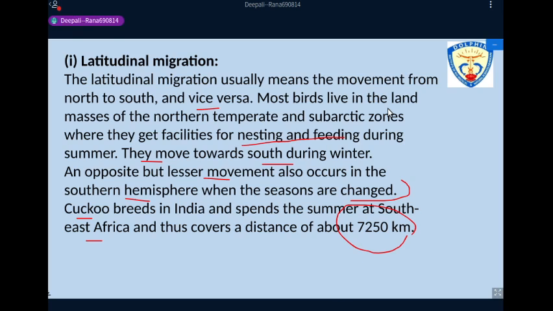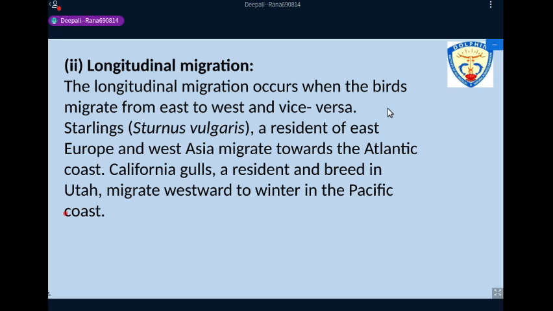Okay, then moving to the next type, what will it be? The longitudinal migration. As the term says, longitudinal migration occurs according to the longitude. So it occurs when the birds migrate from east to west and vice versa. The common example of this type of longitudinal migration is what?